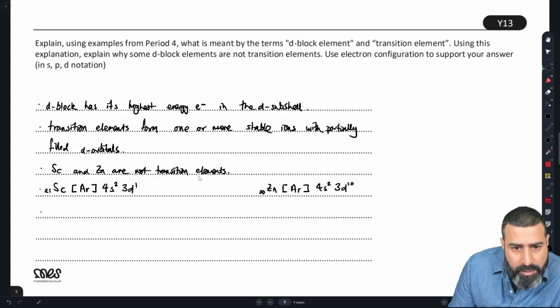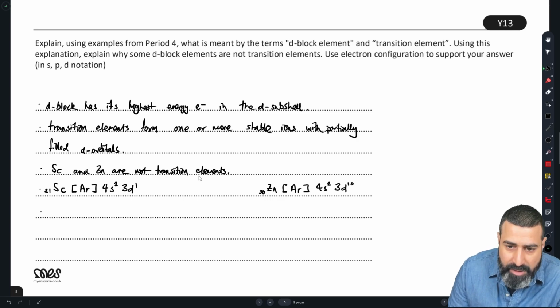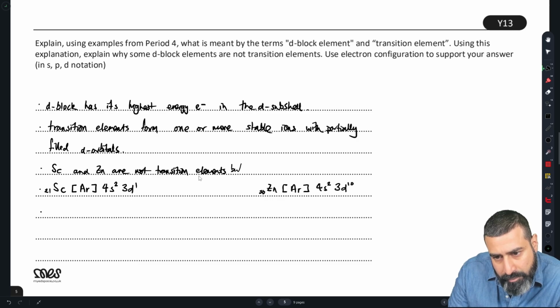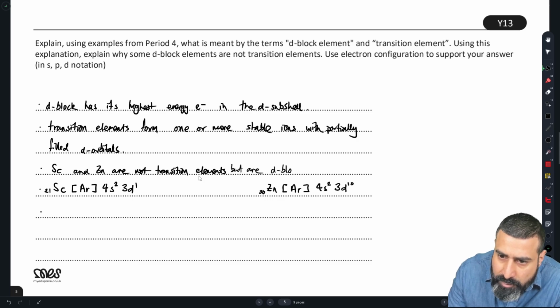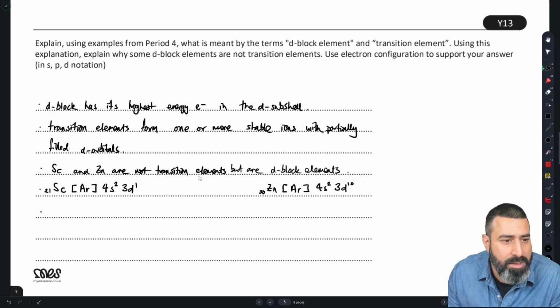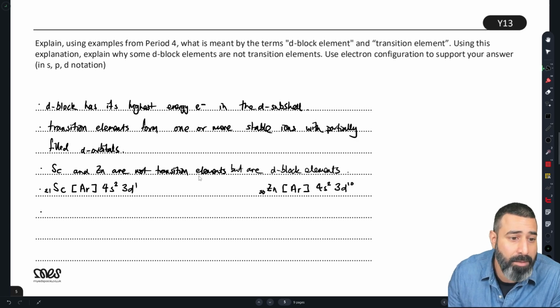So, scandium and zinc are not transition elements, but are D-block elements because their highest energy electrons are in the D subshell.